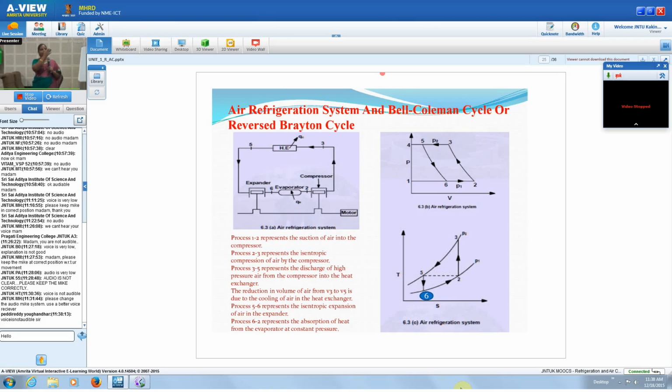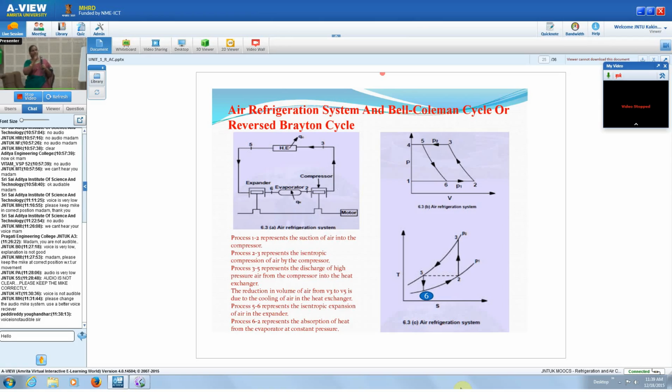It may be assumed to be isentropic compression, but in the actual case it is not isentropic, it will be a polytropic process. Then 3 to 4 is the delivery stroke or the discharge from the compressor.